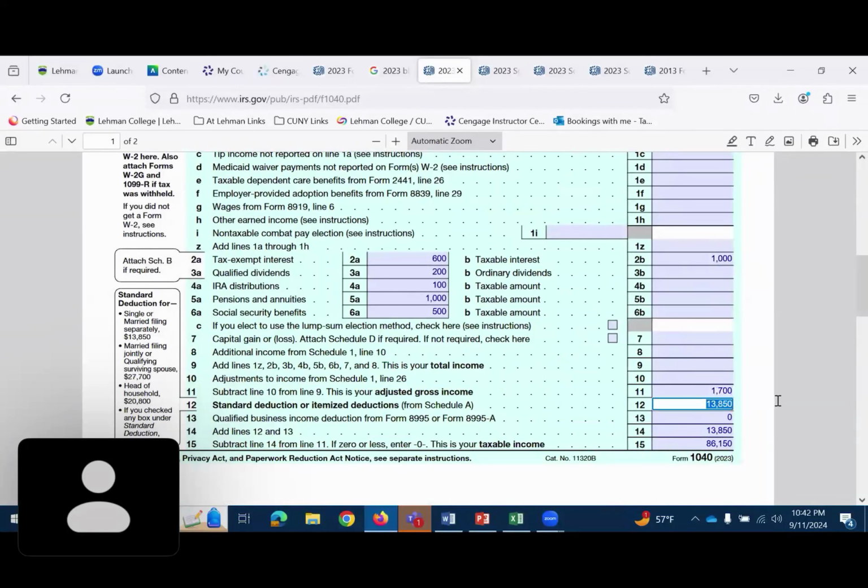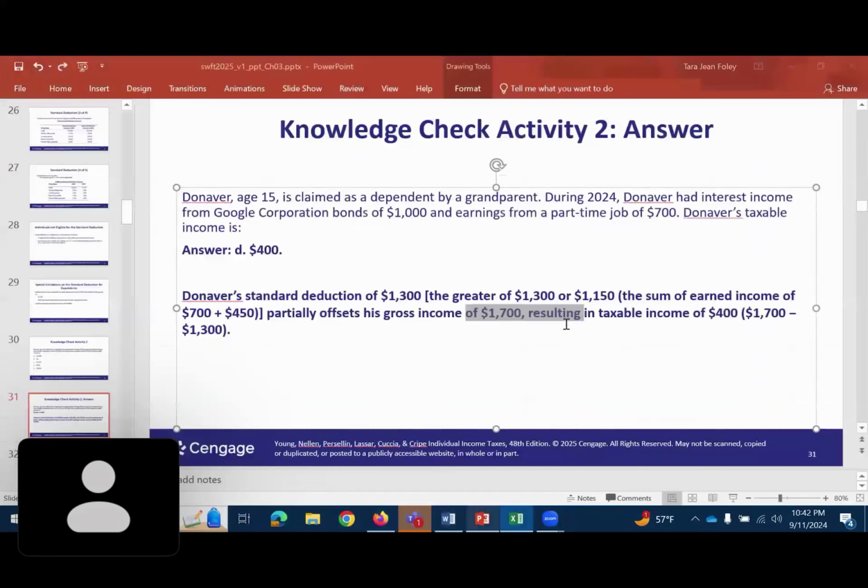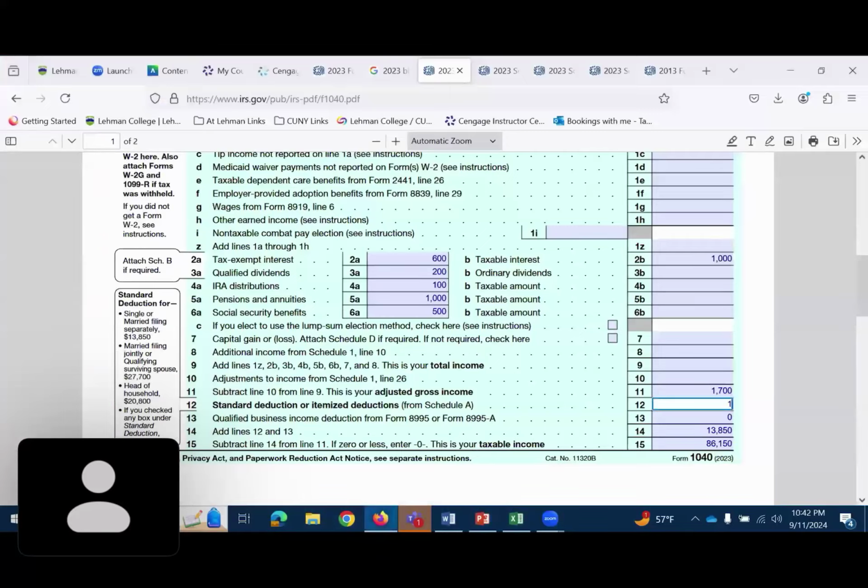We're trying to figure out what the standard deduction is. The standard deduction is going to be the greater of $1,300 or earned income plus 450. His earned income is 700. 700 plus 450 is $1,150. Which number is greater, $1,300 or $1,150? The $1,300. So he gets to deduct $1,300. $1,700 minus $1,300 is $400.